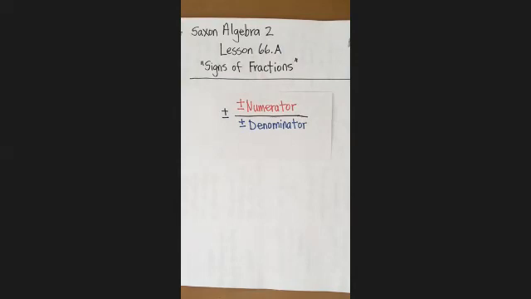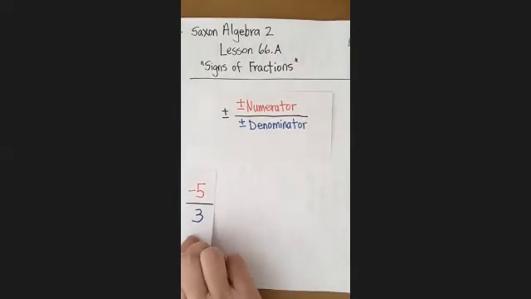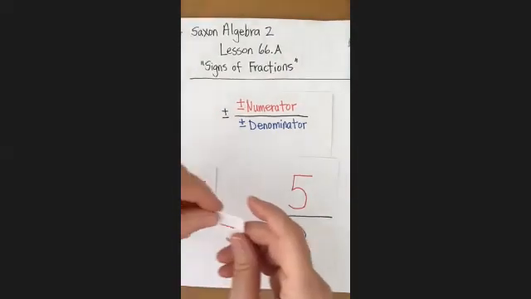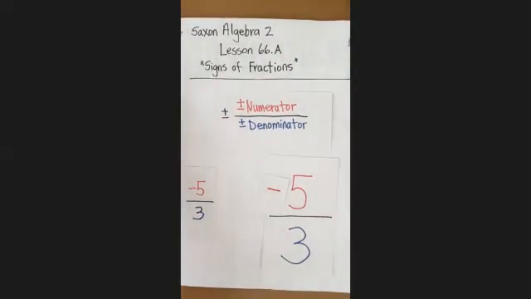So let's go back to that slope, minus 5 over 3, and put in all the signs. The numerator is going to be negative, but the fraction itself is positive, and the denominator is positive. So the first important thing about these 3 signs, the purpose of this whole section of Saxon math, is that you can move those signs around without changing the sign of the fraction.